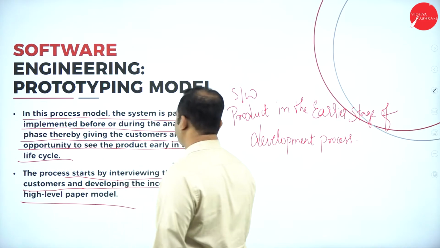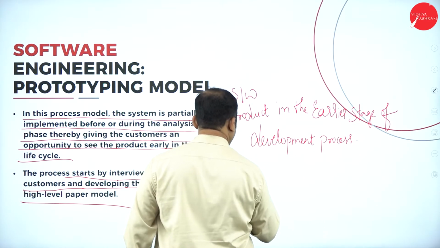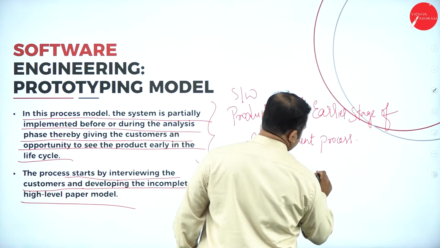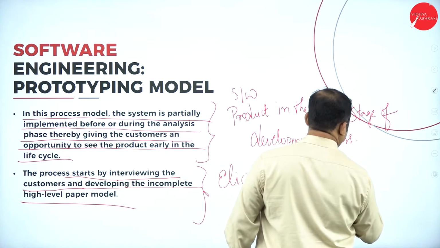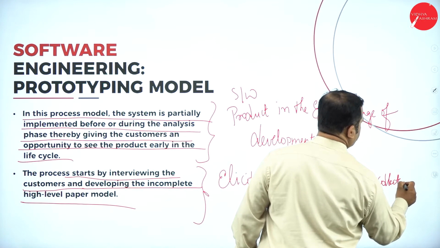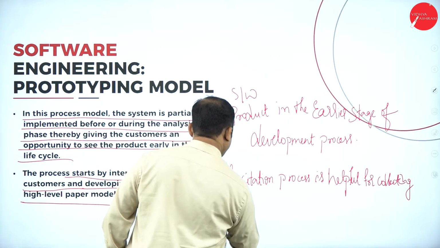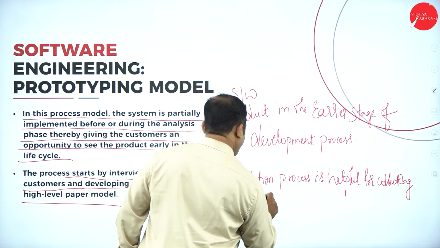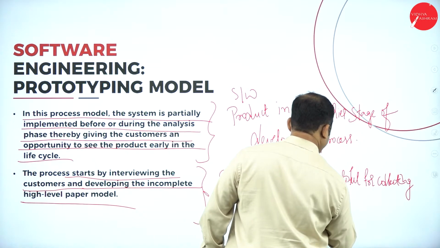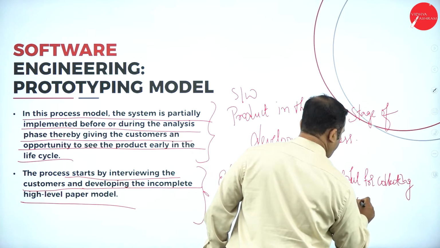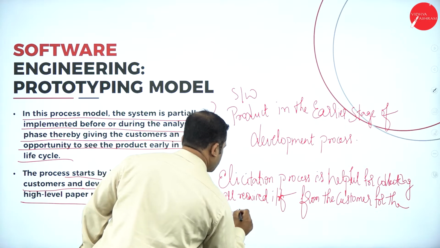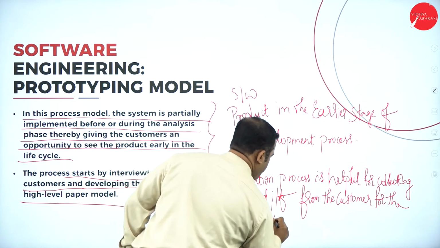The incomplete eye-level paper model as well as the elicitation process is helpful for collecting all the required information from the customer for the successful delivery of the software product.